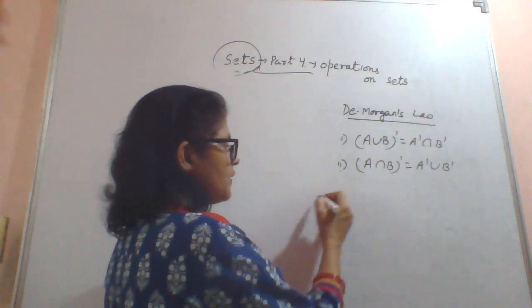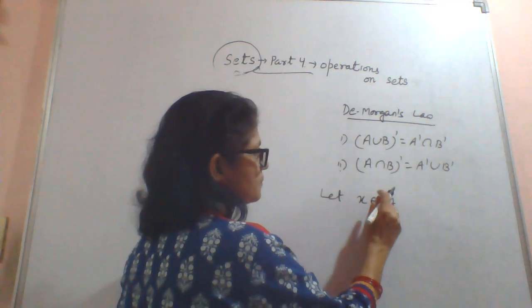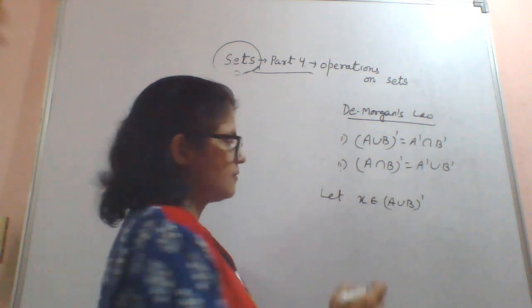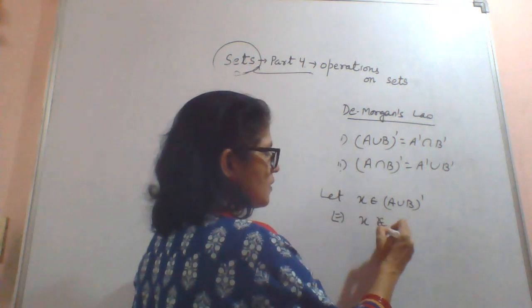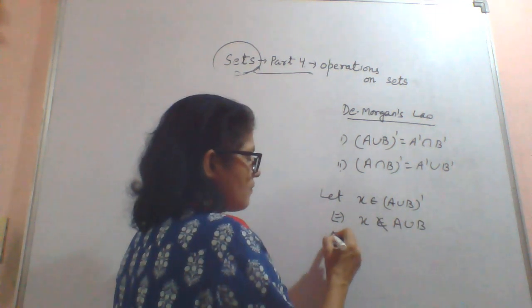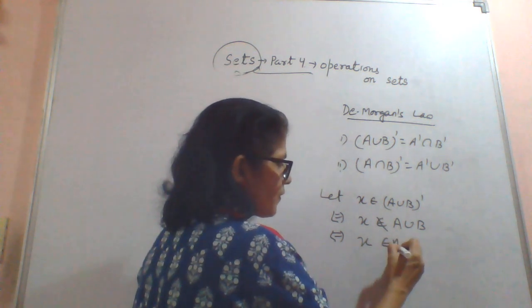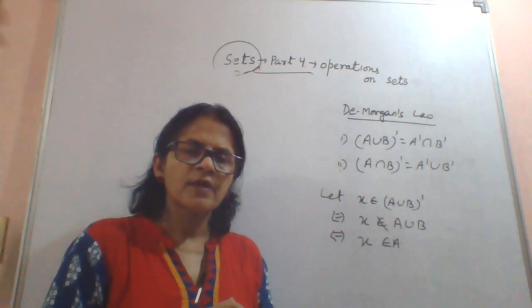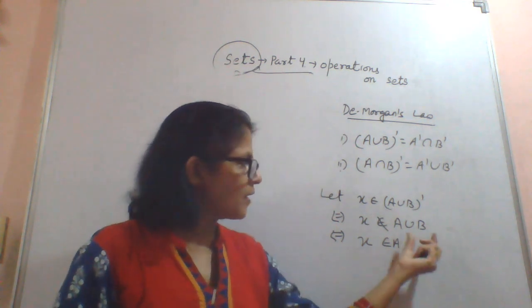And if you want to prove this, let X belong to complement of A union B, if and only if X doesn't belong to A union B, if and only if X doesn't belong to... whenever we say X doesn't belong to A union B, it means X is not in A and not in B, right?